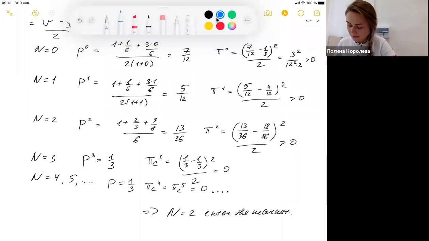So this profit is approximately zero, because you need to pay the fee, which is approximately zero. So it will be a little bit less than zero.